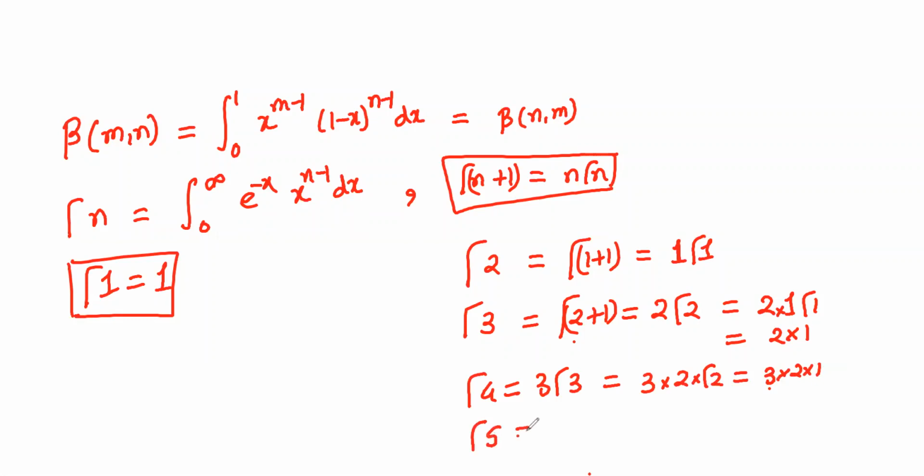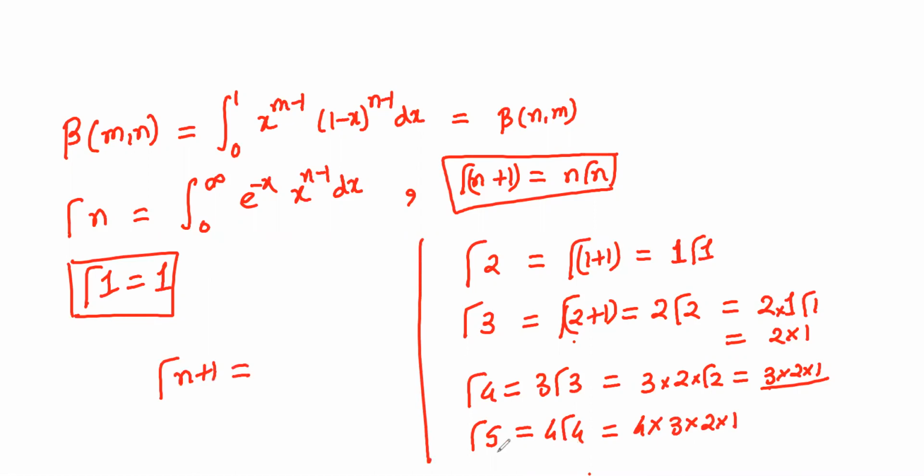Likewise gamma 5 will be 4 gamma 4, so 4 into the value of gamma 4, which is 3 into 2 into 1. So can I say, you can see gamma n plus 1 is n into n minus 1 and so on, so can I write n factorial?